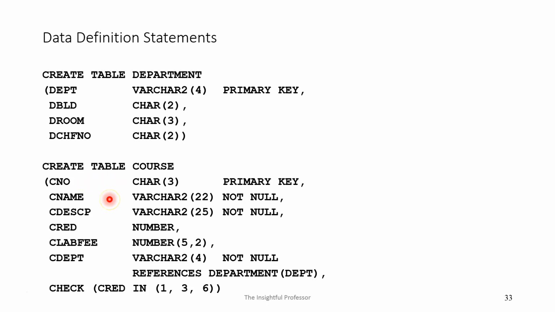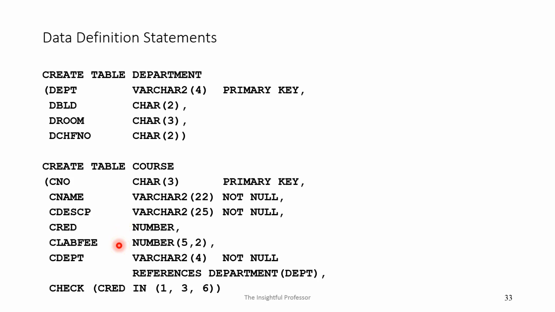We have the name of the course, and we say that's required, not null. The description, every course must have a description, that's not null. These are also characters, but notice the difference here: CNO is fixed length, CNAME and CDESCRIPTION are variable length. We have the credit awarded to a student for completing the course, that's simply an integer.